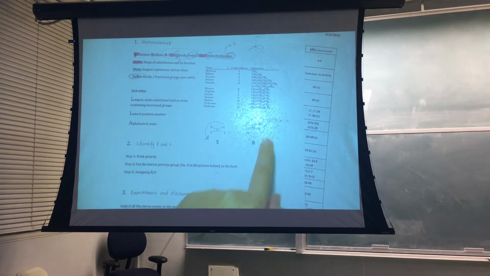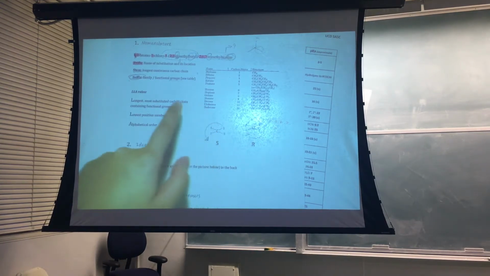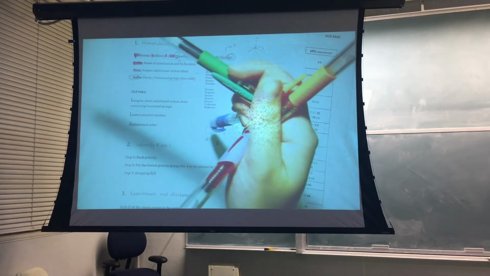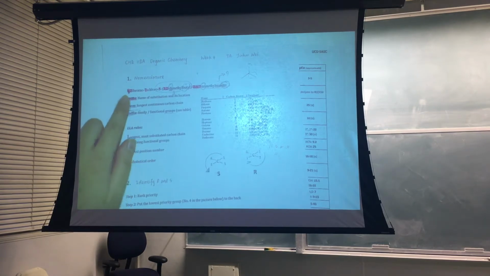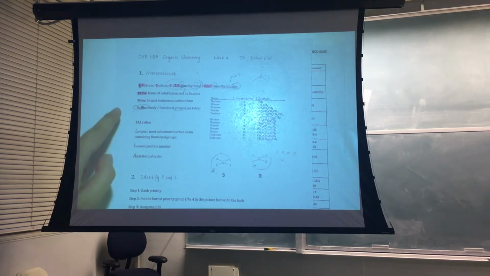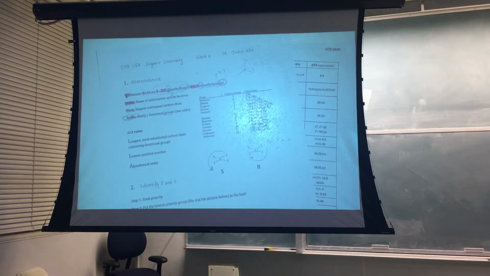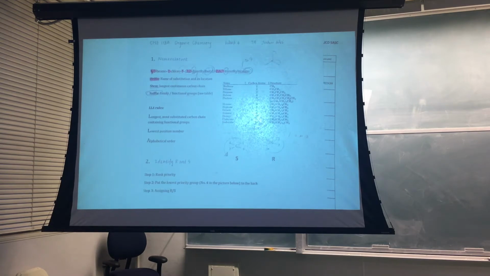If it's clockwise, it's R. If it's counterclockwise, it's S. You need to practice for a while to see it, but when you are naming, you have to put an R or S in front to indicate if that chiral center is R or S. That's why, in my mind, nomenclature is not completed until you have identified all chiral centers in that compound. I lose a lot of points for that. I spend a lot of time to name it and remember all those words for that compound, and I forget to assign R and S, and I lose points for that.